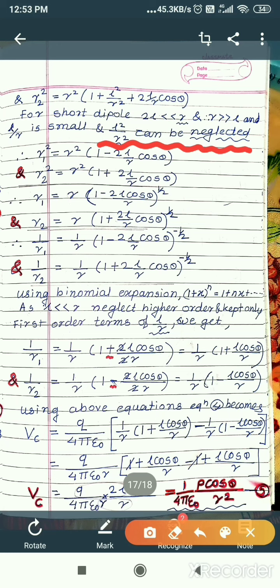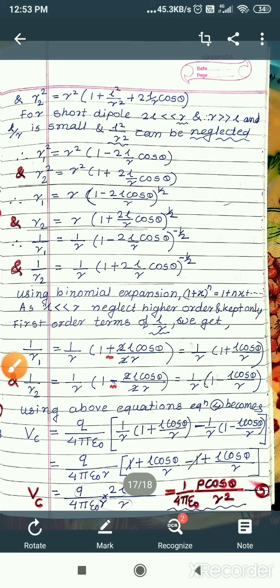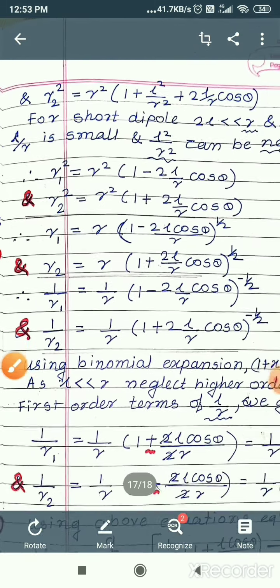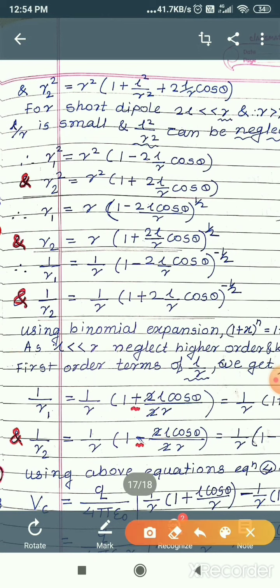Therefore, what we get, observe carefully: r1 square is equal to r square times 1 minus 2l upon r cos theta, and r2 square is equal to r square times 1 plus 2l upon r cos theta. These two equations are there. Now, what is my next step?